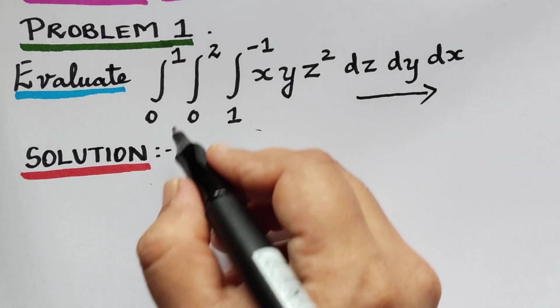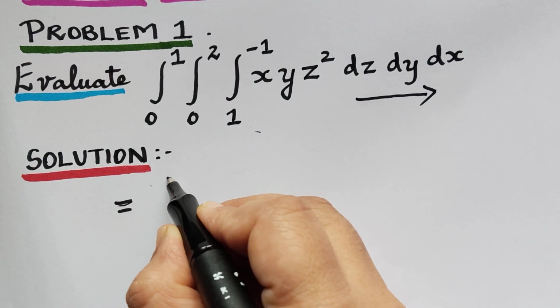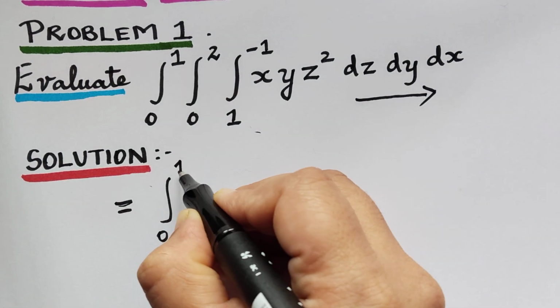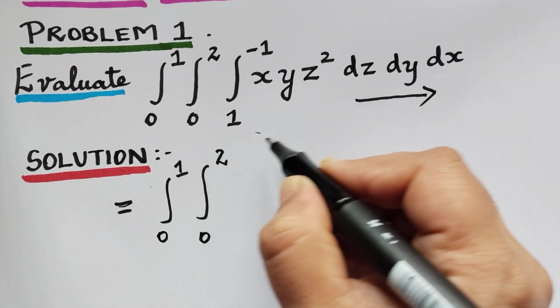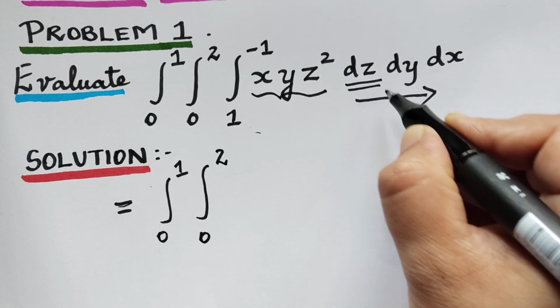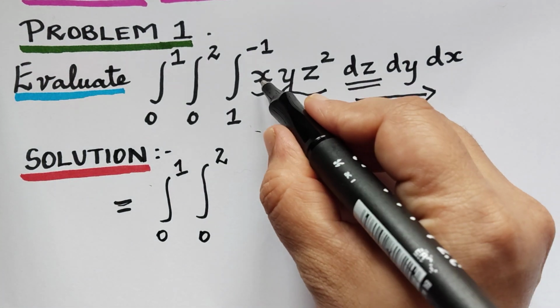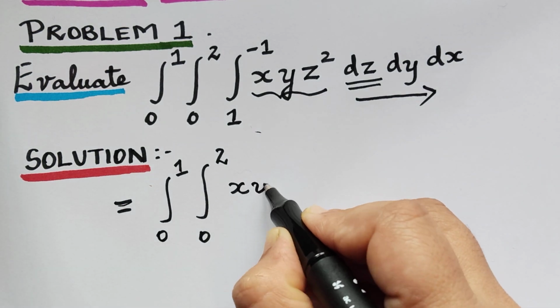So these integrals will be equal to, the first integral given here is integral 0 to 1. That is the outer integral. And then integral 0 to 2. Now we are going to integrate this given function first with respect to dz. So x and y will be treated as constants, so we will have xy as it is.